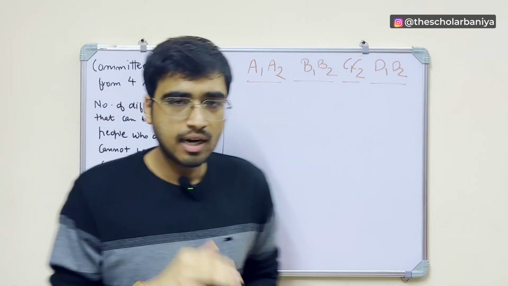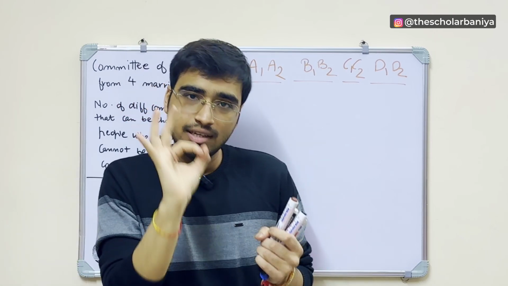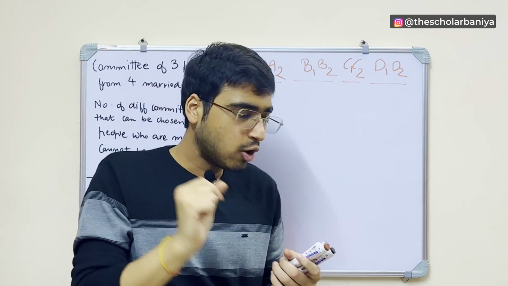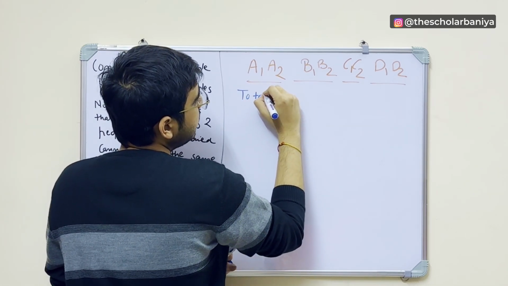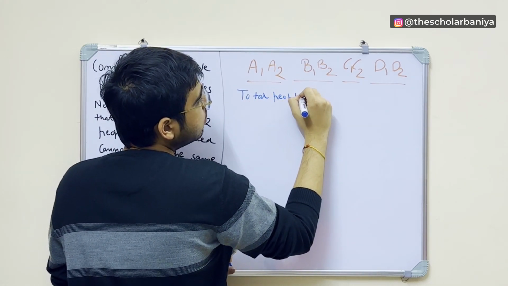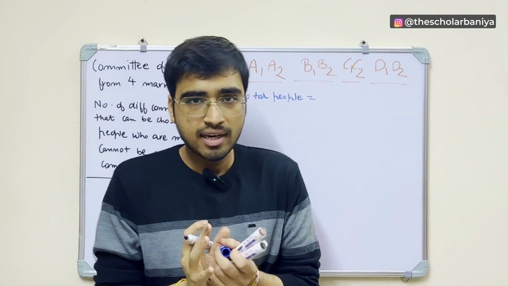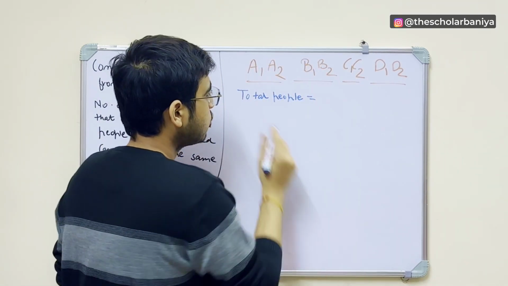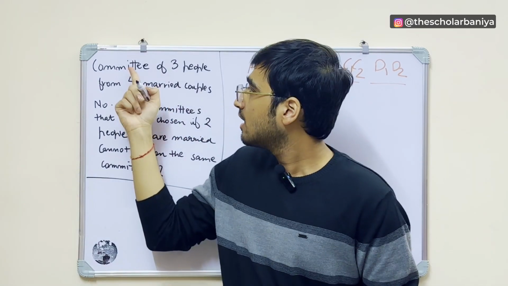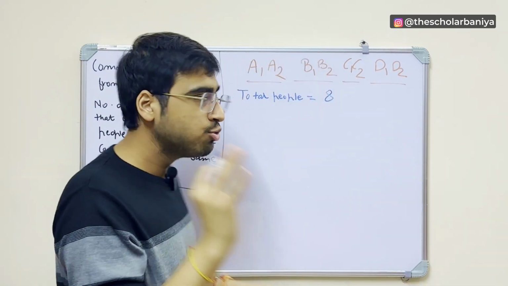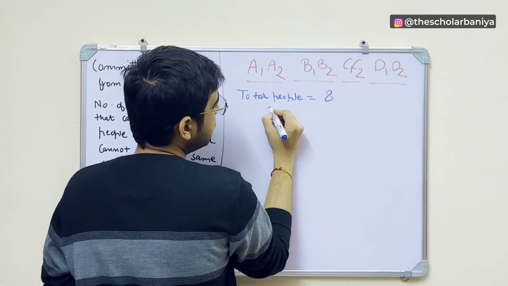Okay, now tell me one thing. What are the total number of ways in which 3 people can be chosen? Because we know that total people are, because there are 4 couples, 4 into 2, 8. So total people is equal to 8, and we have to choose a committee of 3 people.